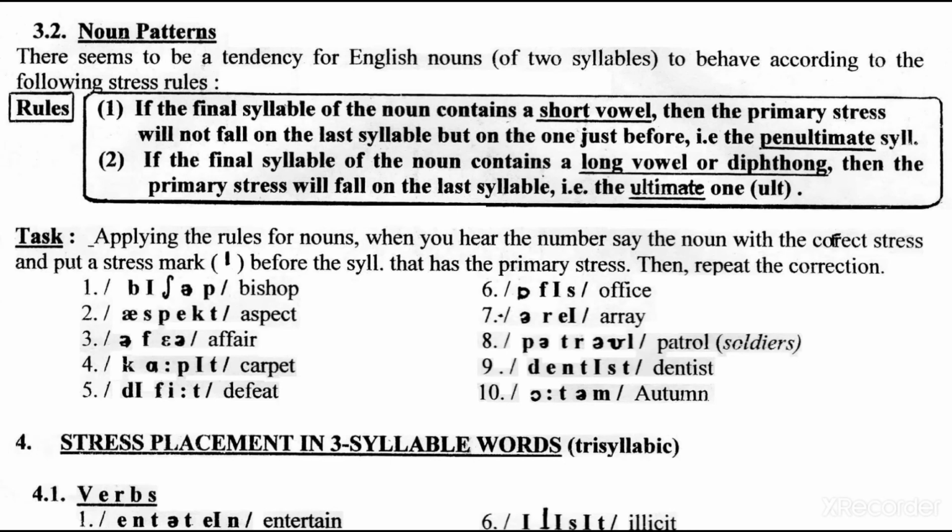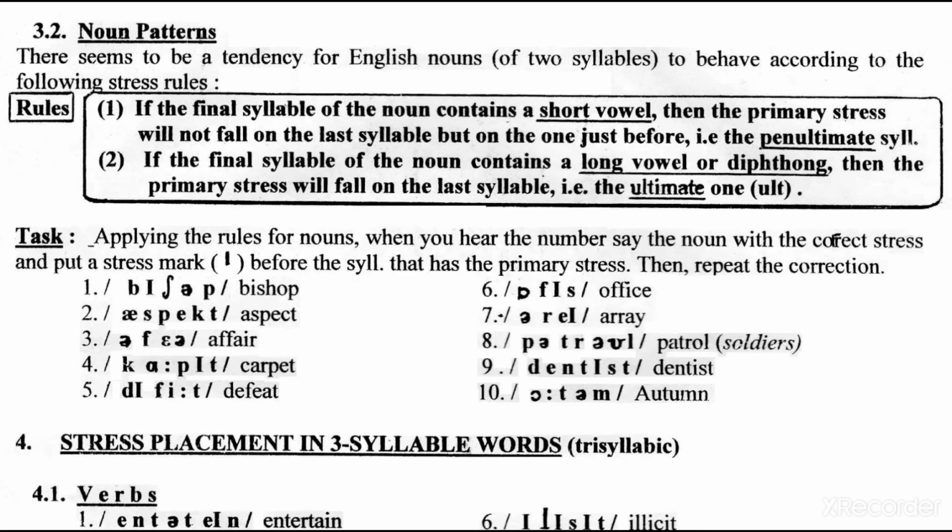The next noun is carpet. Here we have a short vowel, so it's on the penult, rule 2A. The next noun is defeat.